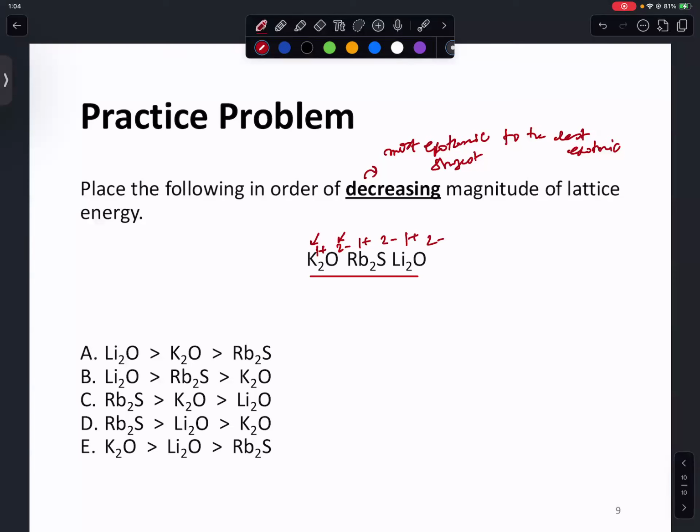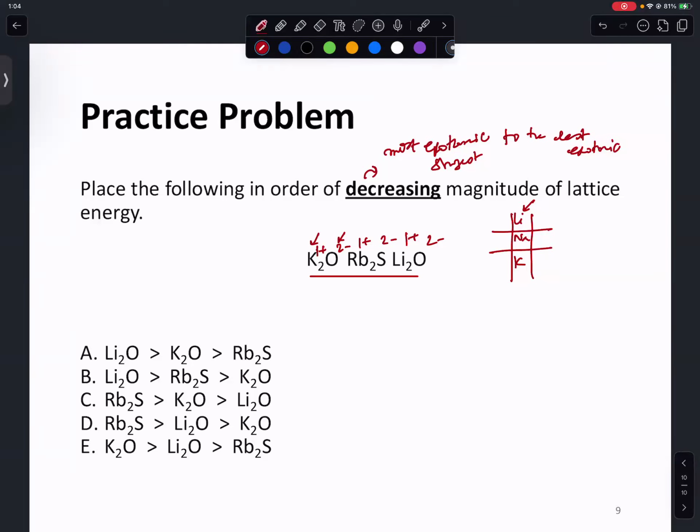They all have cations with a 1 plus charge and the anion with a 2 minus charge, so in this case, we will look at the sizes. For group 1 metals, we have lithium, then sodium, then potassium, so lithium is going to be the one with the smallest ionic radius.